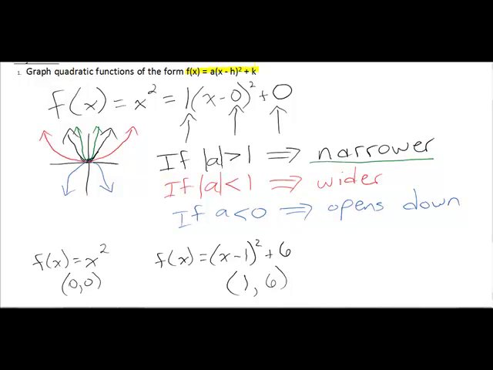I'm talking about this. If I've got an equation that's written in this format, then my vertex is located at h, k. That's the great thing about this format. Just by looking at it, I can tell the vertex has moved this many side to side and this many up and down. So I just took my h, which was 1, my k, which was 6, and that's my vertex.